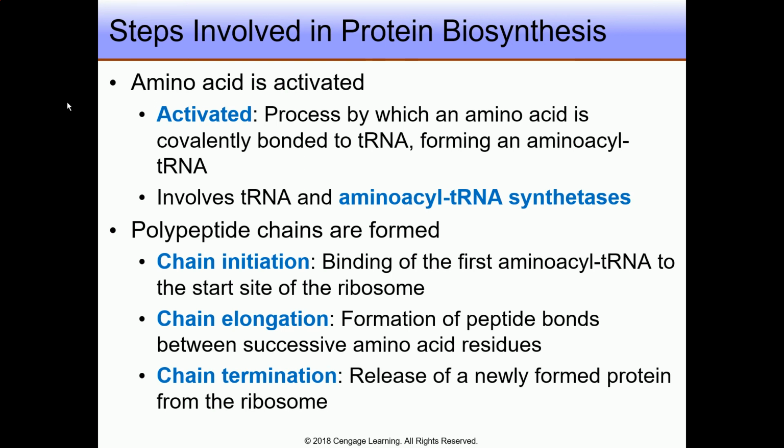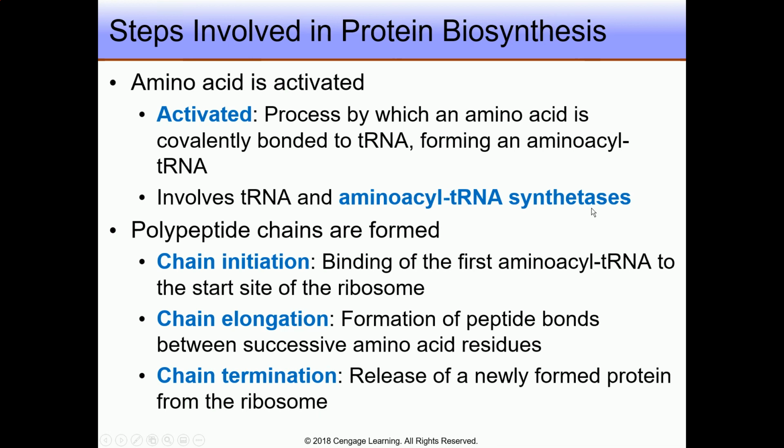These polypeptide chains then undergo further post-translational changes, and the polypeptide chain folds and forms the three-dimensional structure of the protein. These transfer RNAs are first activated by the enzymes called aminoacyl tRNA synthetases.